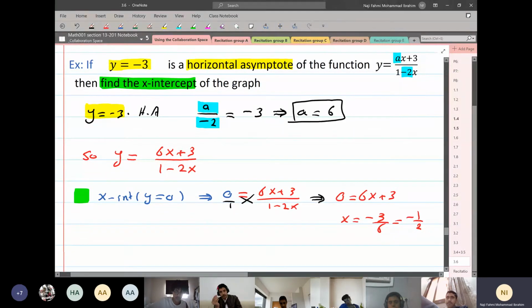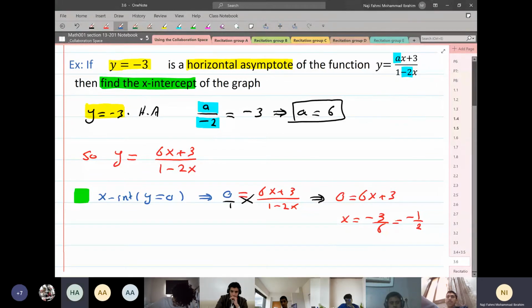Raise your hand if you have a question. Now, do you see a relation between the x-intercept and the 0 of the numerator? What was the x-intercept in my question? -half. What's the 0 of the numerator, Shabab? -half.